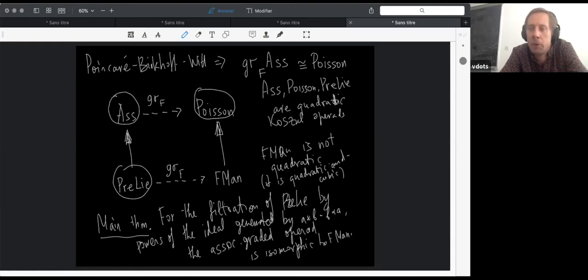You need to put much more effort in and deal with such operads on a case-by-case basis. It's harder to deal with than quadratic Koszul operads. So now let me give you some hints on how this result is proved.